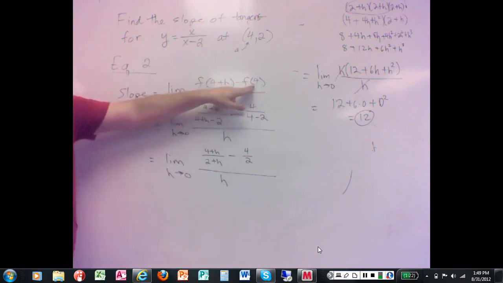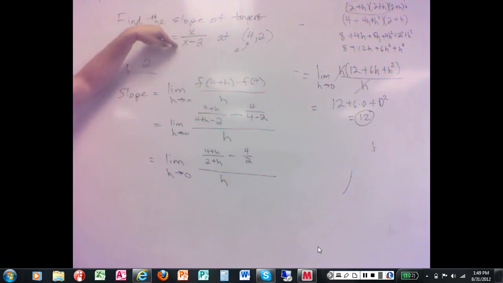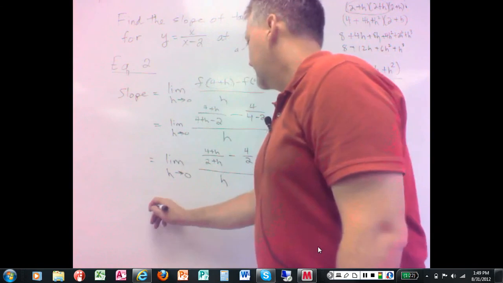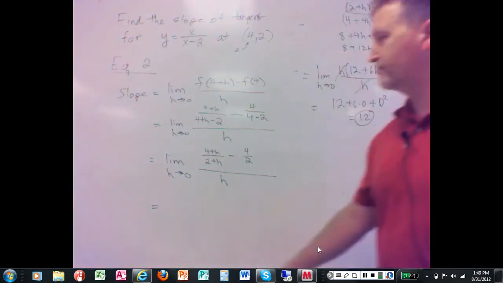Oh, yeah, I'm plugging x to be 4 on this one. So you got 4 over 4 minus 2. A is 4, so plug in x to be 4. Okay, so here's our limit. How do I do that one?